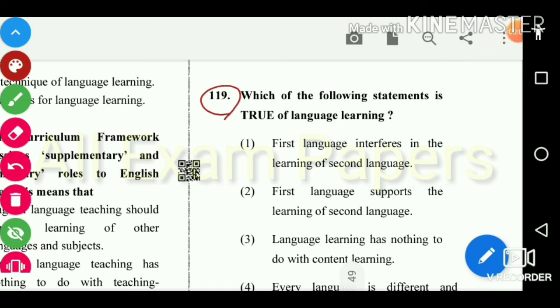Next question is, which of the following statement is true of language learning? First option is, first language interferes in the learning of second language. Second is, first language supports the learning of second language. Third one is, language learning has nothing to do with content learning.